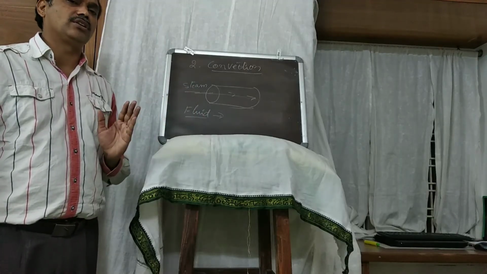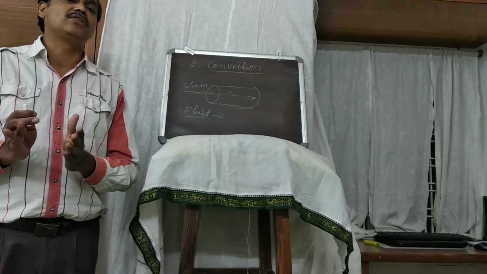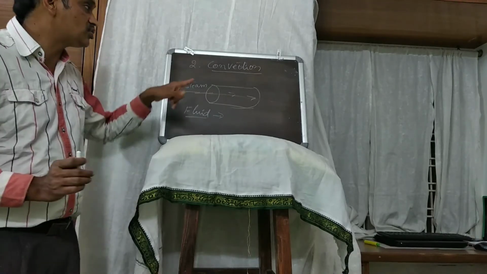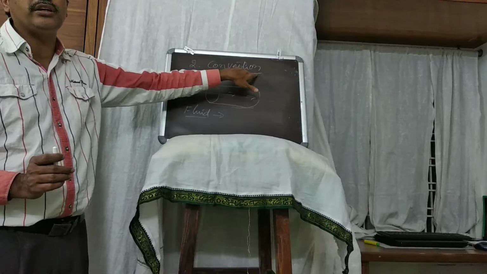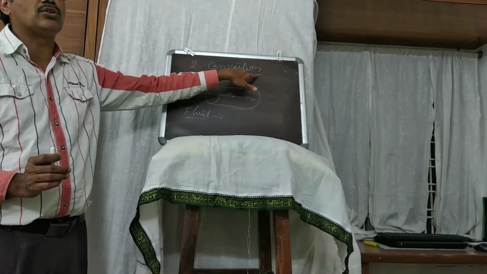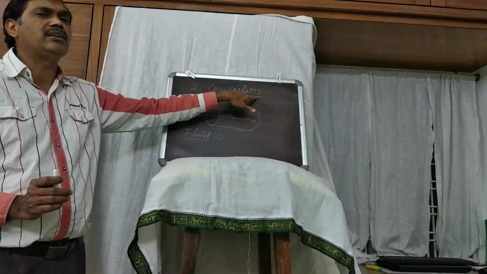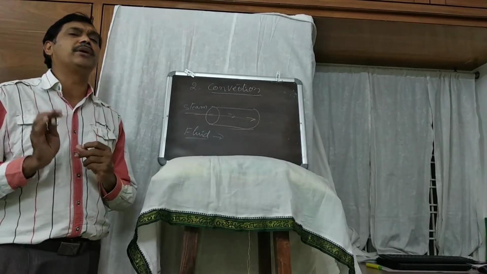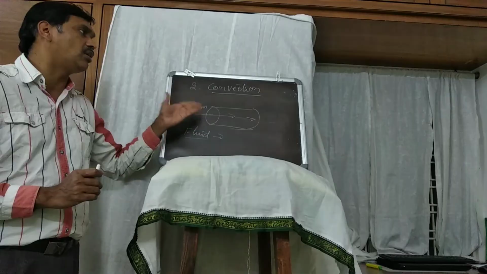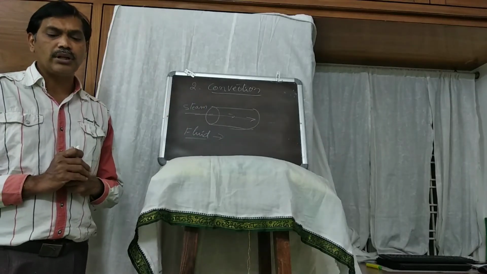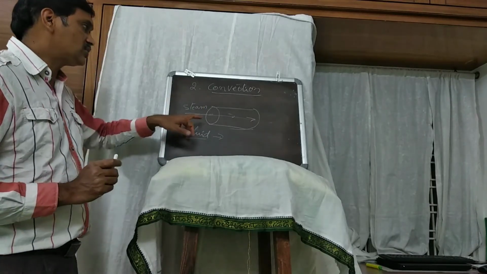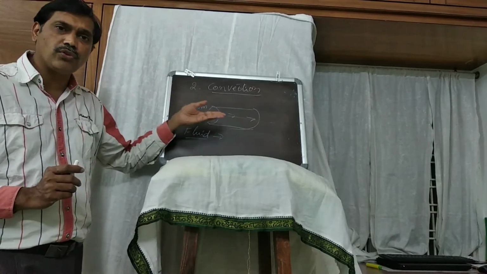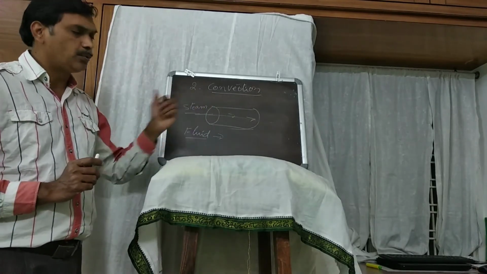The heat transfer that takes place in the presence of a fluid medium is called convection heat transfer. Clear? That means in the presence of a fluid medium, any heat transfer is called convection heat transfer.